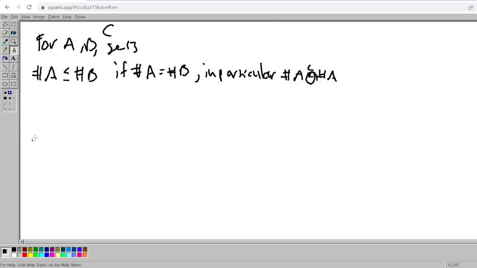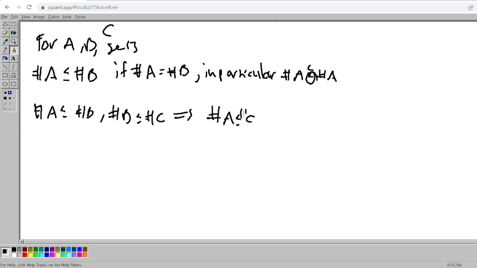And then we also have, kind of obvious if you know your algebra rules, that if the cardinality of B is less than or equal to the cardinality of C, that will imply that the cardinality of A is less than or equal to the cardinality of C.